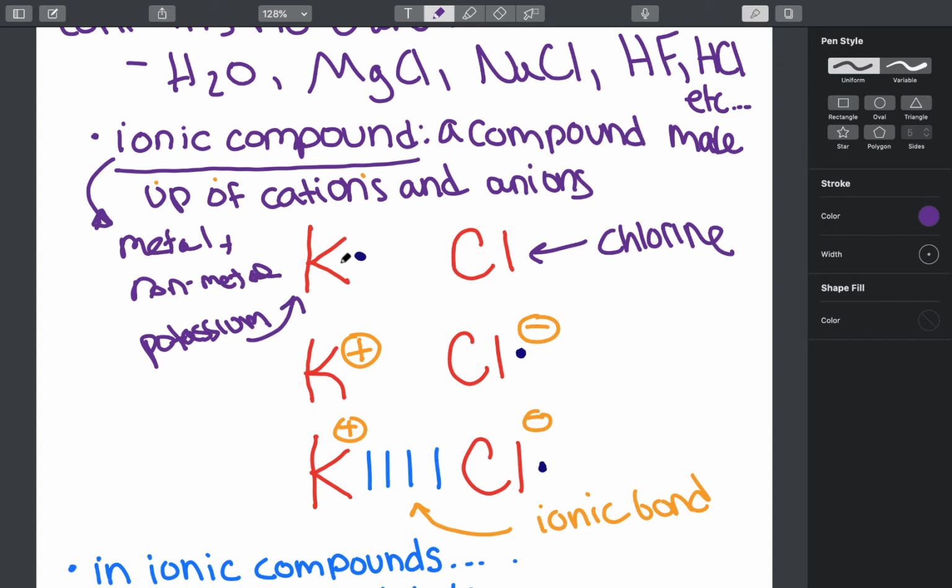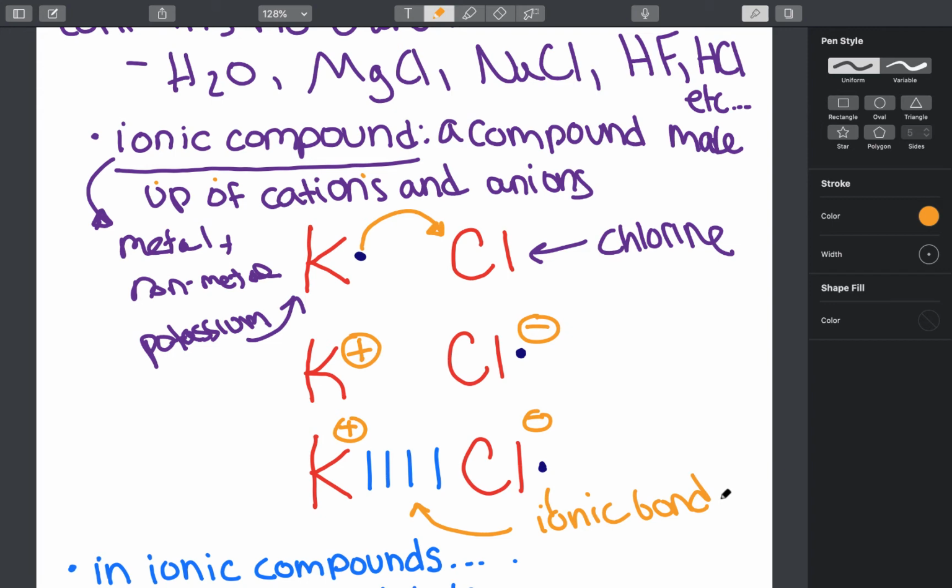What happens in an ionic compound is that the electron from the metal is lost to the nonmetal. In this case the electron is lost from the potassium and goes on to the chlorine, which causes the metal, in this case potassium, to gain a positive charge, and the nonmetal, in this case chlorine, to gain a negative charge. The positive and negative charge attract each other, and this electrostatic attraction is the ionic bond.